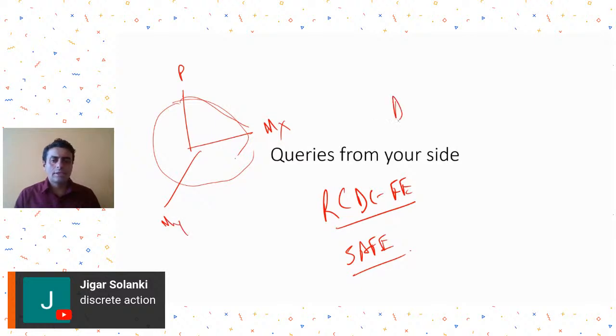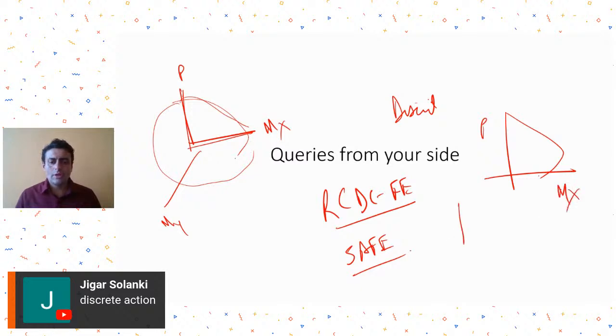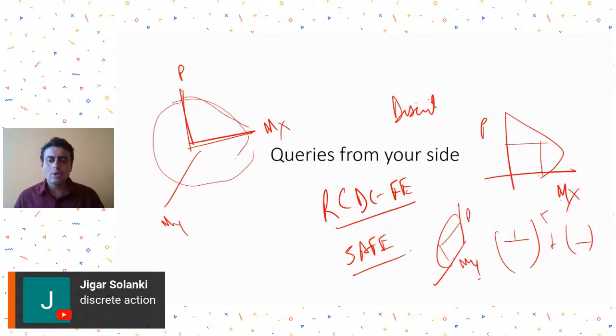In the discrete moment approach, we take projections of this 3D interaction surface on these two curves, PMX and PMY. So we take a 2D projection of the 3D surface, and then we plot individual moments on these two curves. We find out the capacities, and then we use the interaction equation. That is what we actually do when we are using the discrete moment approach.